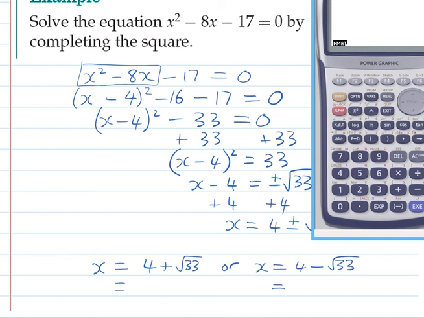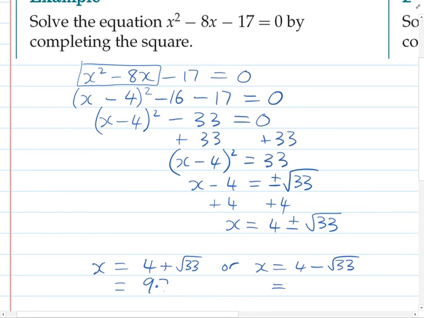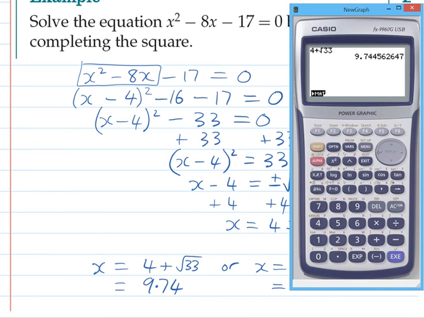We'd just go 4 plus the square root of 33, so we'd have 9.74, and for the other one, 4 minus the square root of 33, which is negative 1.74.